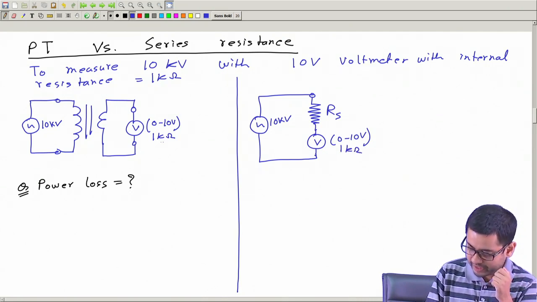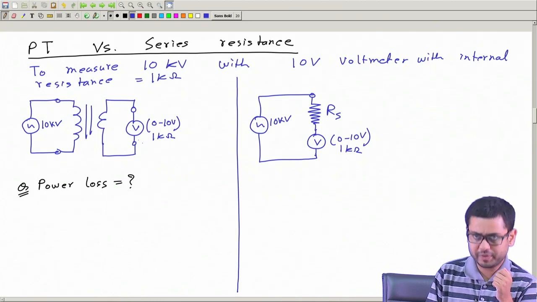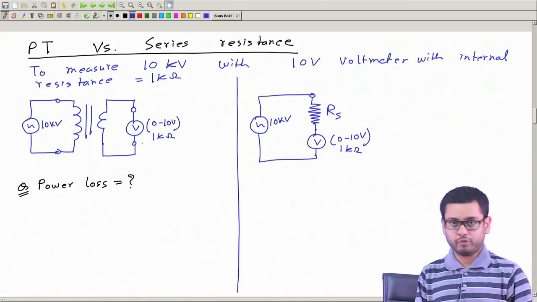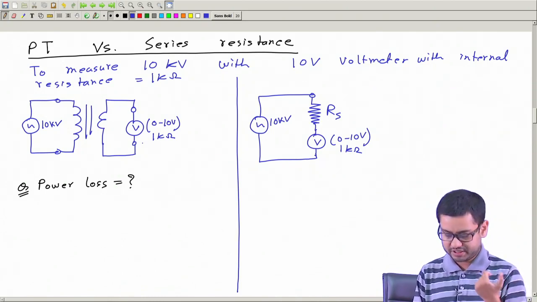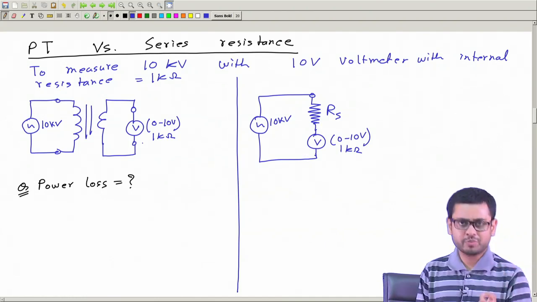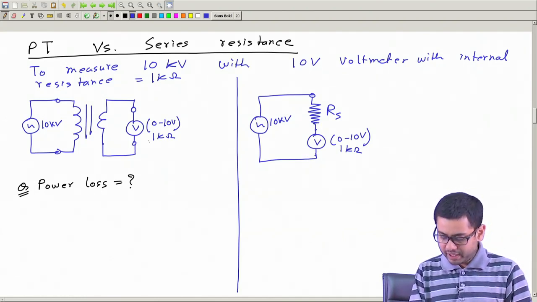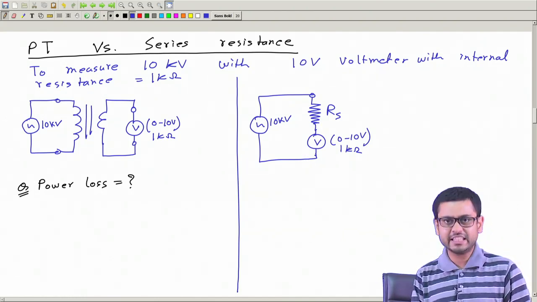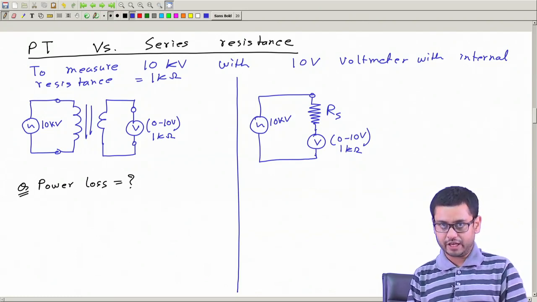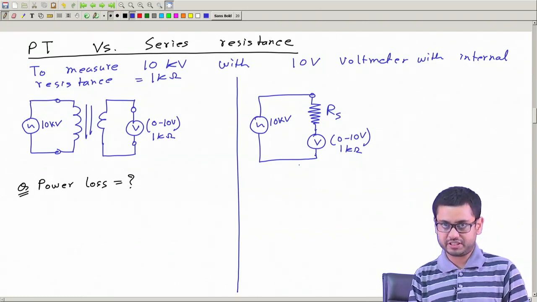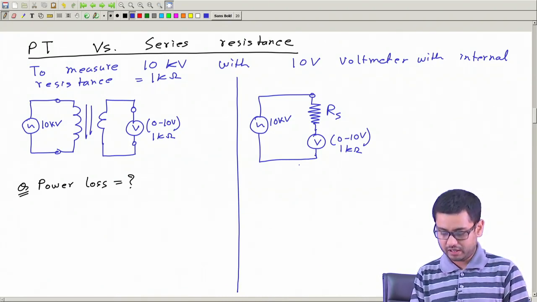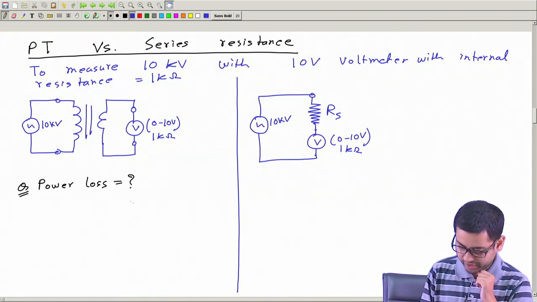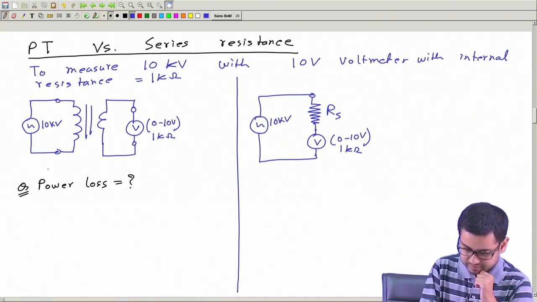So, we are taking a high value because we know voltmeter should have high internal impedance. One small thing is that the numbers that I am taking are mainly for ease of calculation, mainly for ease of demonstration. Practical numbers may differ a bit from this example. Okay. So, how much is the power loss here?